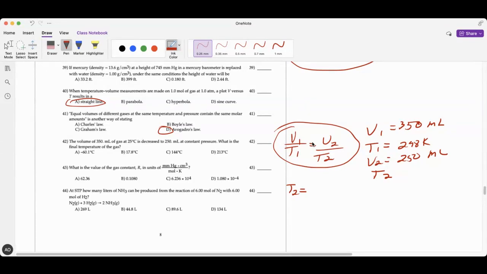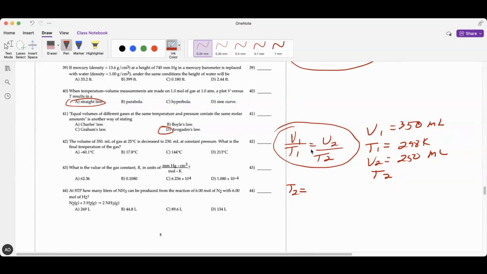No. I was saying V2 over V1 is equal to T2 over T1. Yeah, you could put V2 over V1, and then the same with T2 over T1. I mean, you could do these problems 100 different ways.